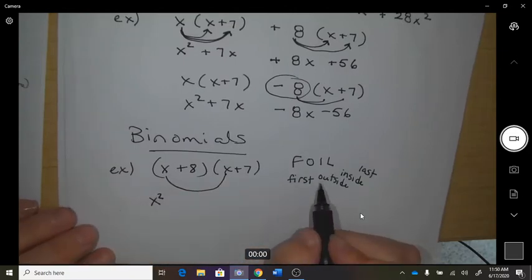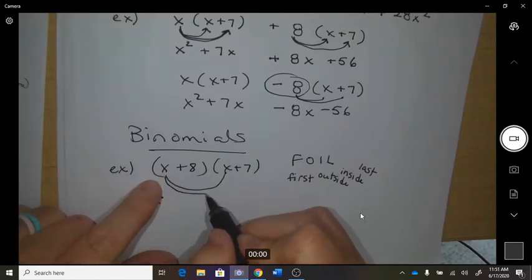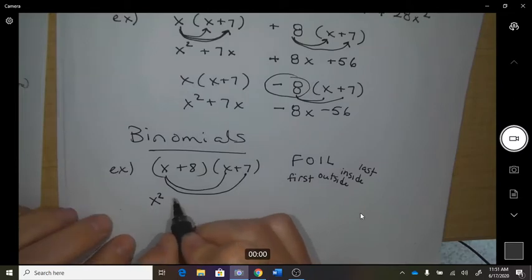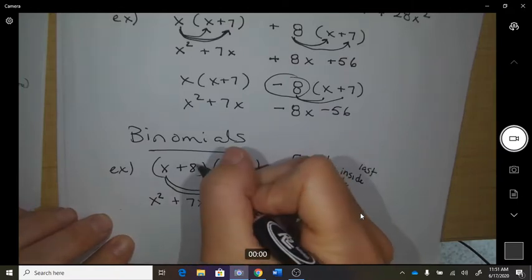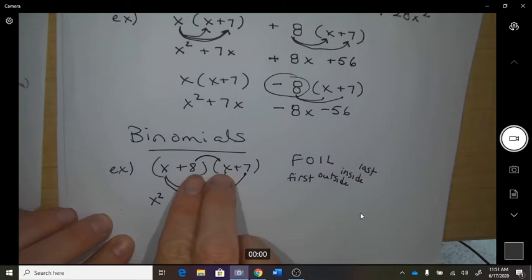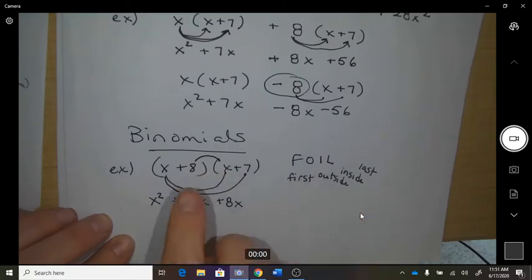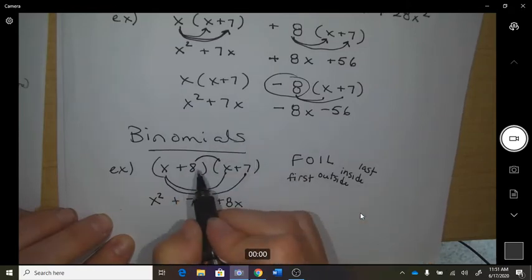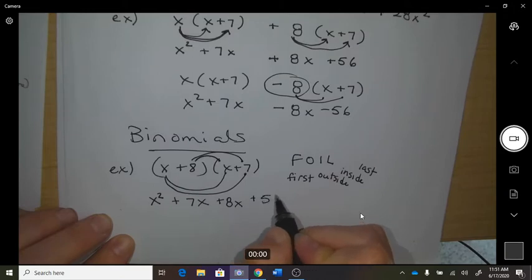And then the outside, so these are the outside terms. So plus 7x. You can see that I distribute this x with all that. Now I'm going to do the insides. The insides would be these two terms, so plus 8x. Now I've got to do the last. The last term and the last term is 56.